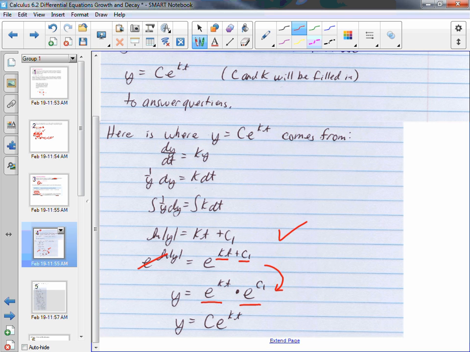Now, e to some constant is itself a constant, isn't it? Because it's a constant to a constant, it's a constant. So call that c and put it in front. And that's how you get y equals c e to the kt. Okay? And I really do think that's worth knowing.